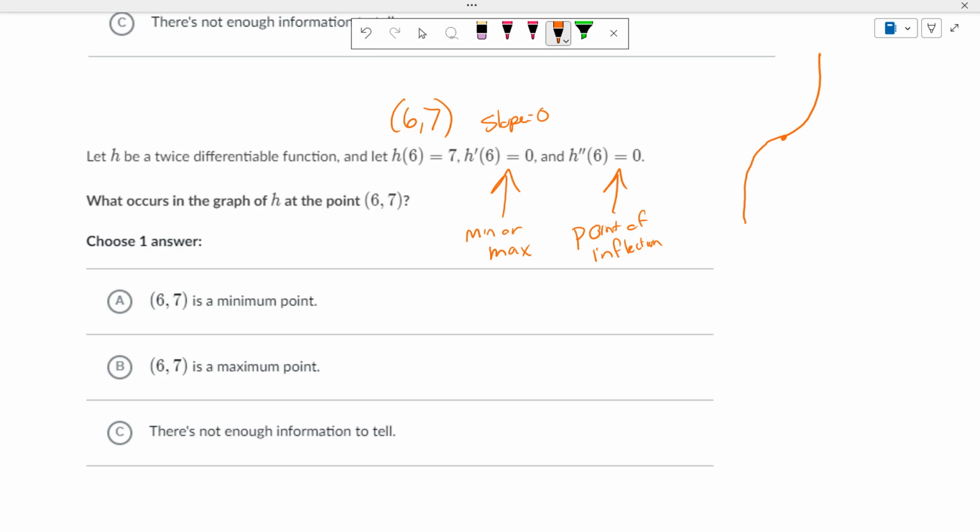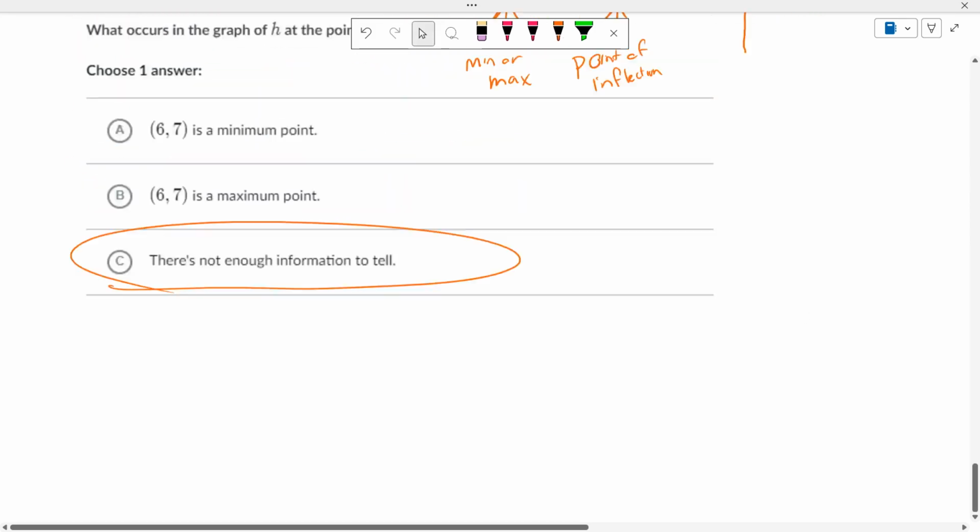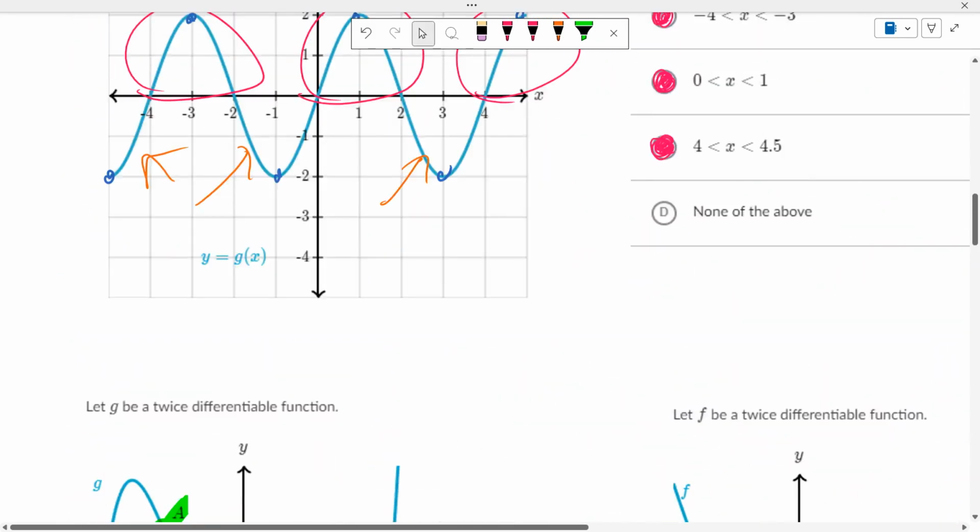So is that a min or a max right there? No. So there's not enough information to tell. We don't know if it's a min or a max, and we're pretty sure it's neither. Okay? It flattens out so it's horizontal right here for an instant. But then it continues to go up or it continues to go down. We can't tell. Okay? So that is that.